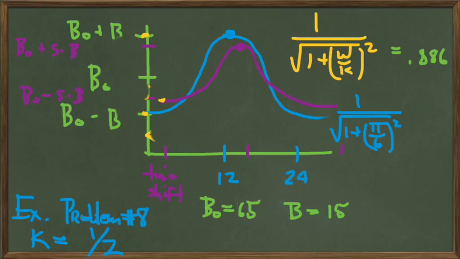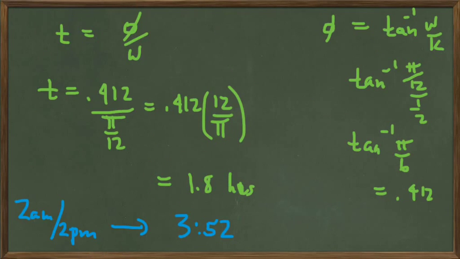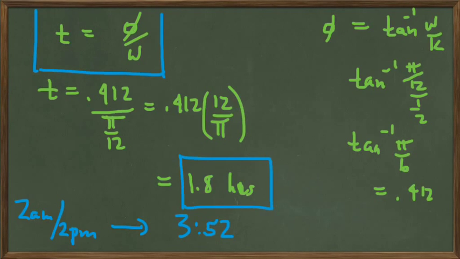Then we wanted to use the formula, so we calculated the time shift, which is phi over omega, given that phi is tan inverse of pi over 6, and that turned out to be 1.8 hours, which changed our low and high inside from 2 a.m., 2 p.m. to 3:52.